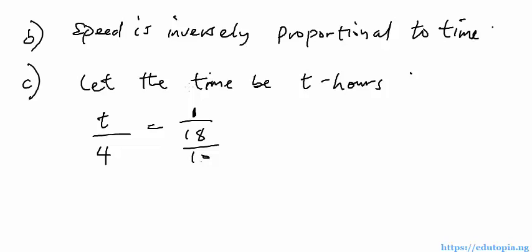So the ratio of the corresponding times is equal to the reciprocal of the ratio of the corresponding speeds. So t over 4 is equal to 1 over 18 times 10 over 1. Since it's a reciprocal, it just means 10 over 18.